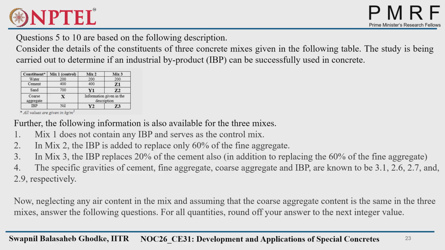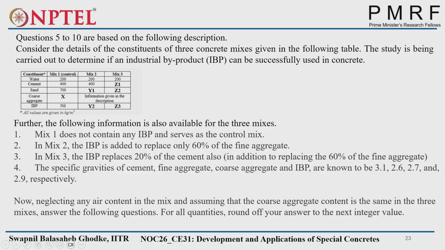Next, if you have to do some calculations here, you see the question gives some constituents: mix 1 control, mix 2 and mix 3. Mix 1 does not contain any industrial byproduct, IBP, and serves as the control mix.